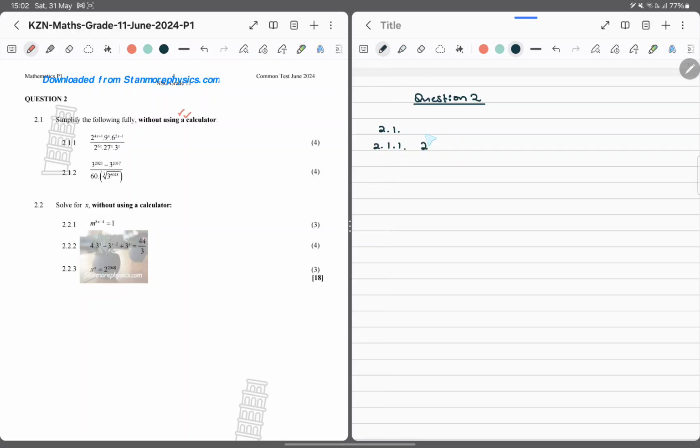So we've got 2 to the exponent 4x plus 1 times 9 to the exponent x times 6 to the exponent 2x minus 1, all divided by 2 to the exponent 6x times 27 to the exponent x times 3 to the exponent x.